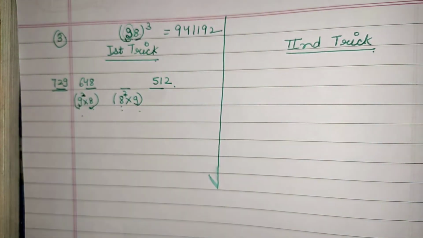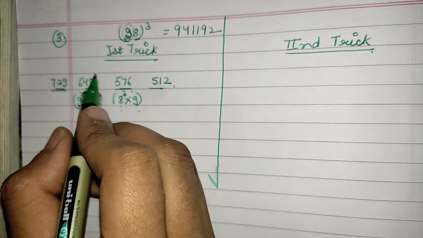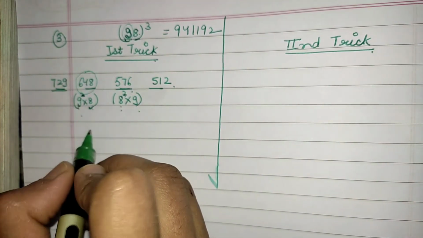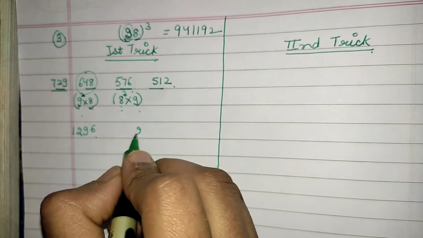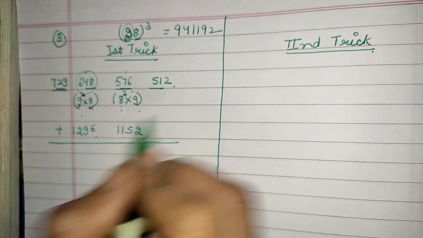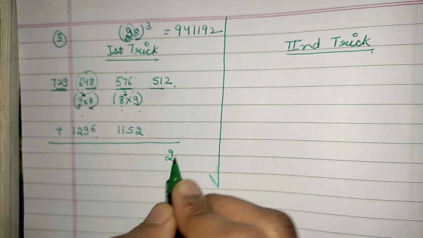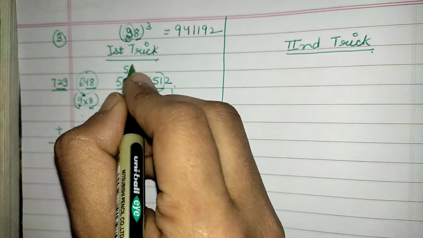Now 8 8s are 64, and 64 into 9 is 576. Now do the double of this value. It will give you 1296, and 1152. Once you do the addition, you take only 2 here, and 51 will be carry.